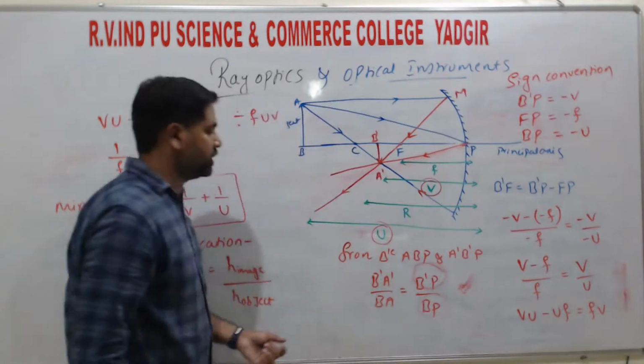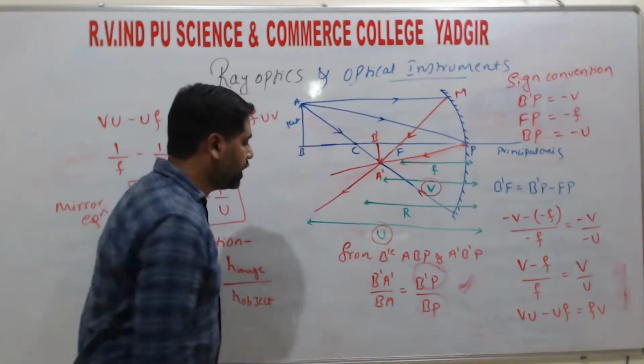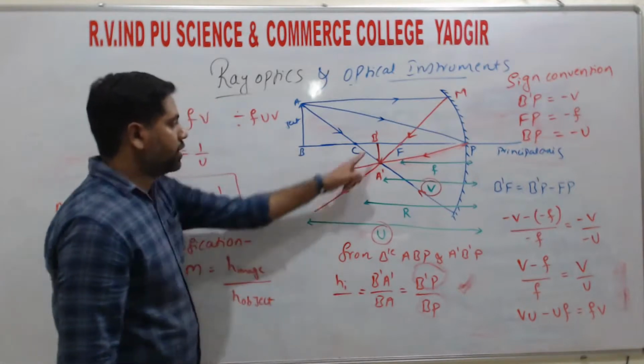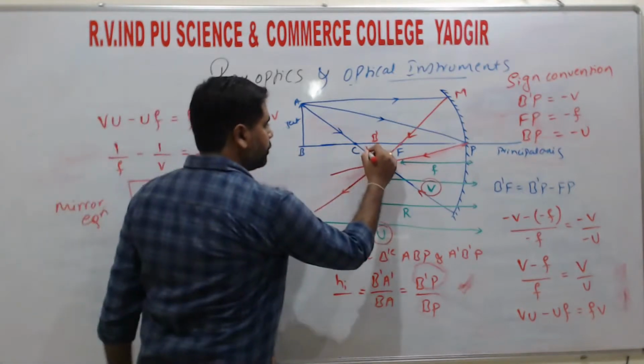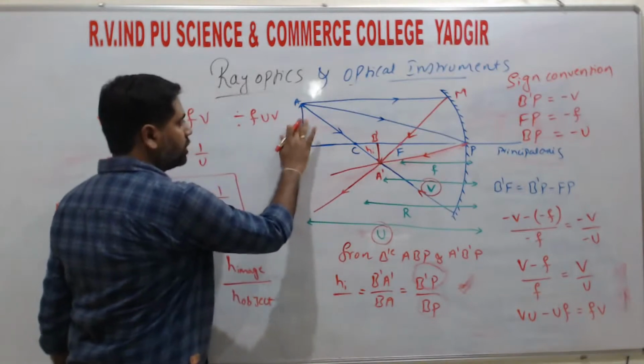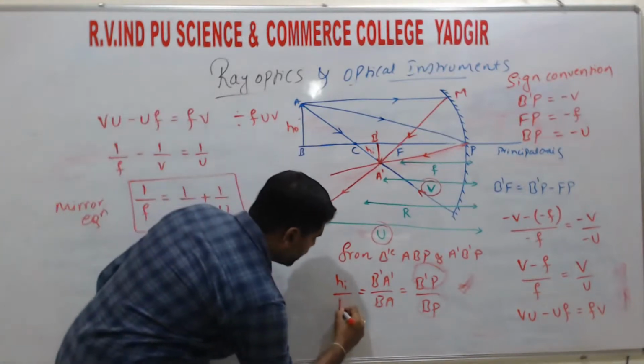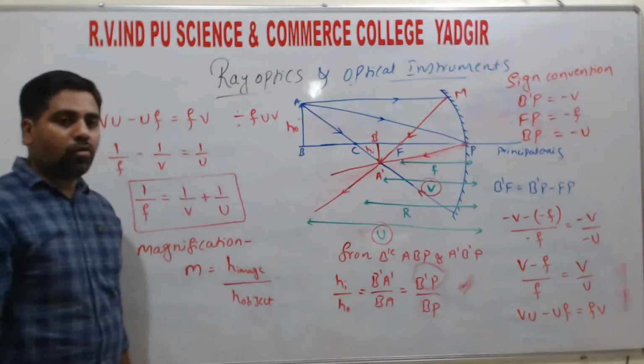BʹAʹ gives the height of the image, which can be written as HI, and AB is the height of the object, HO.